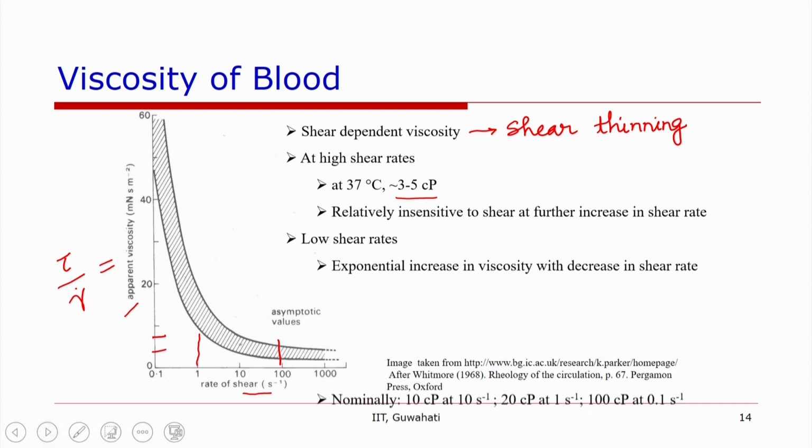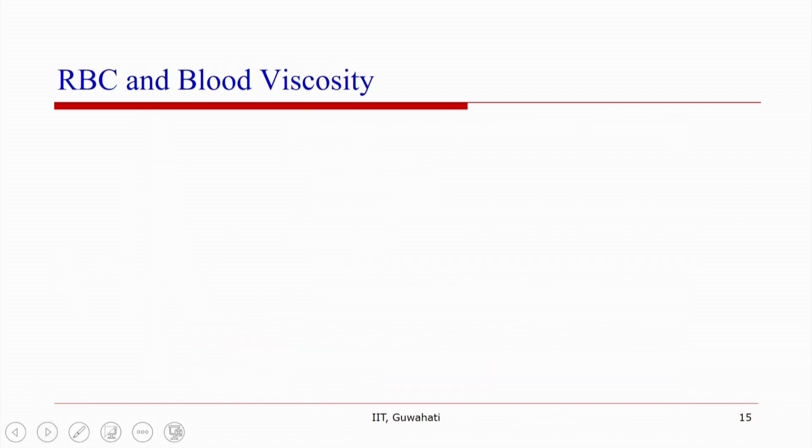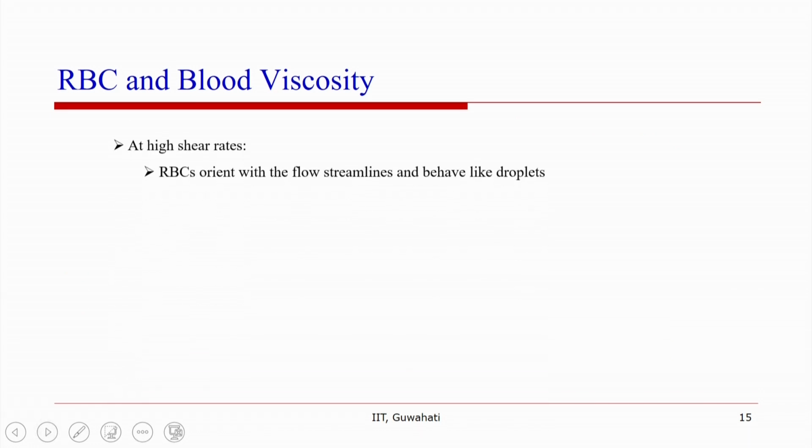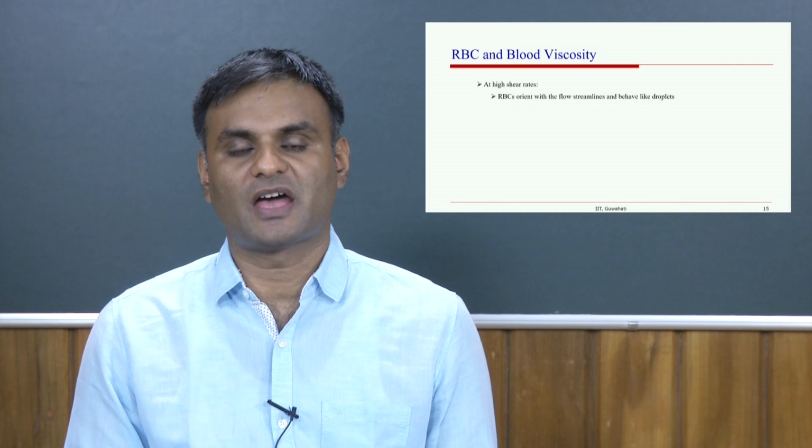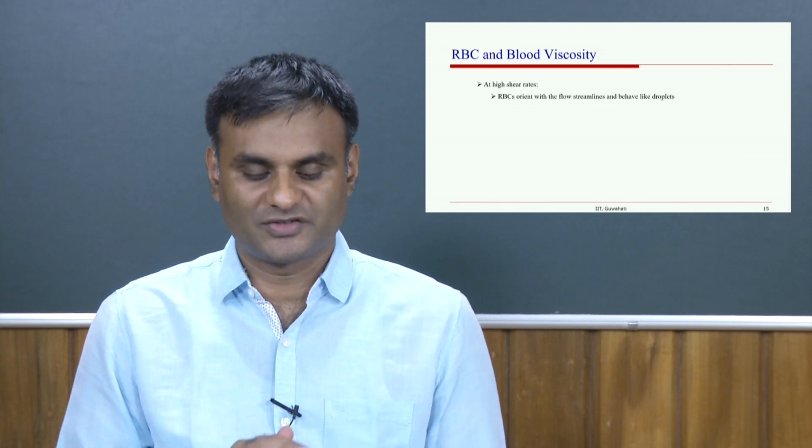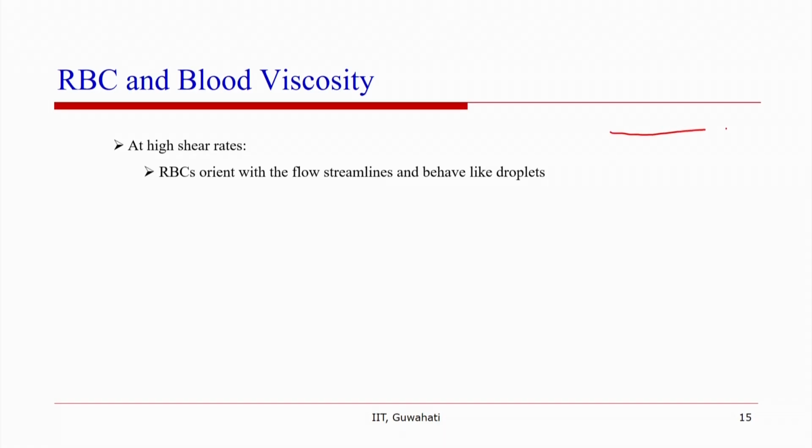Let us try to understand why this happens. At high shear rate, as we know, the blood is suspended with red blood cells, which are flexible disc-shaped particles. At high shear rates, the RBCs orient themselves with respect to the flow.